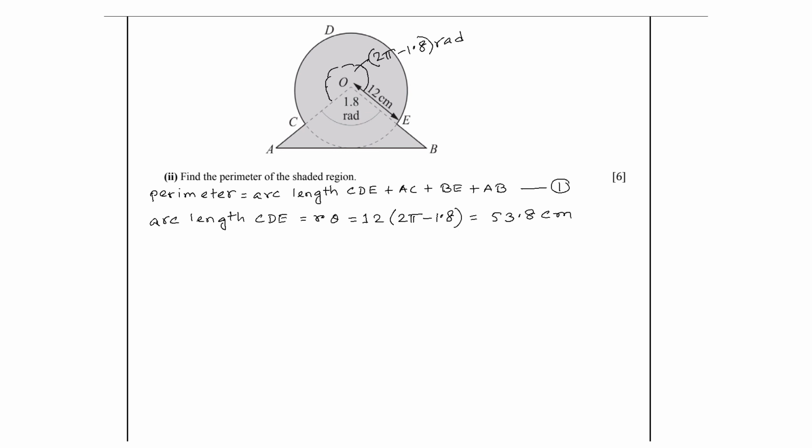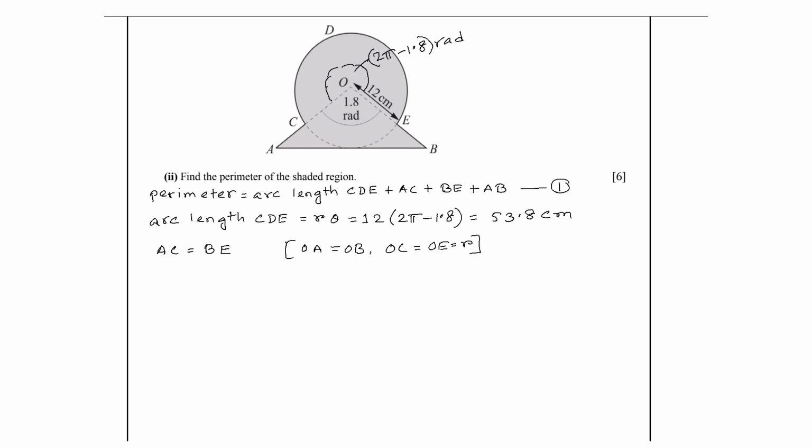Now we can write AC equals BE. Why? In isosceles triangle OAB, the side OA equals the side OB, and OC equals OE because they are radius of the circle.